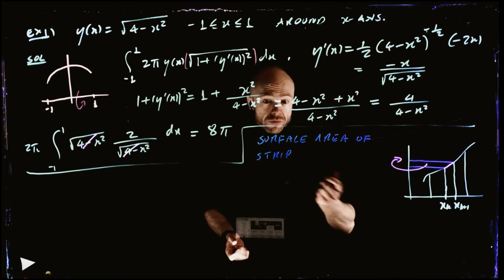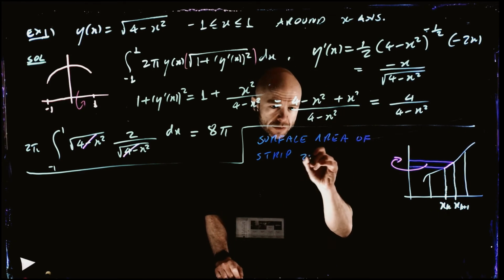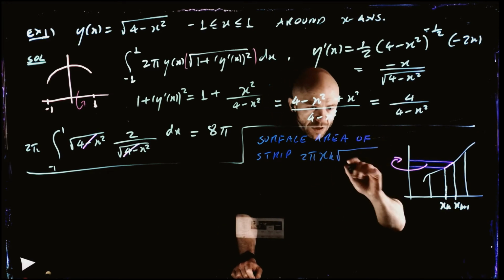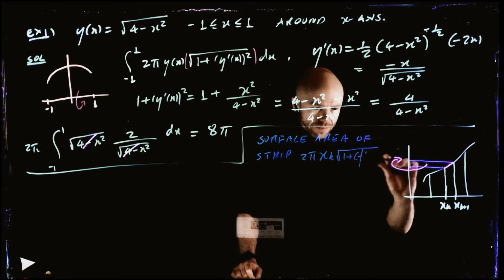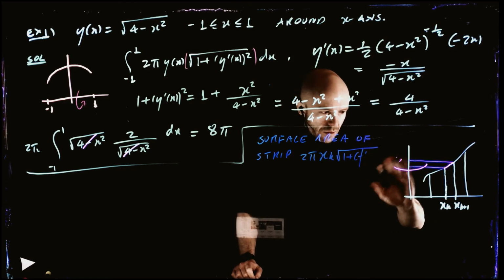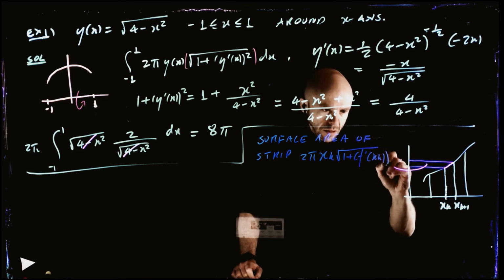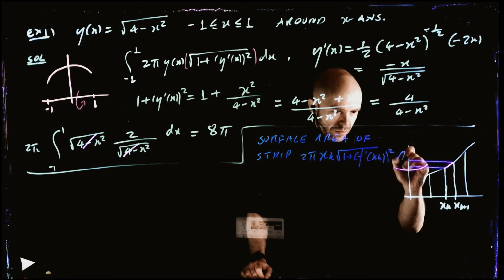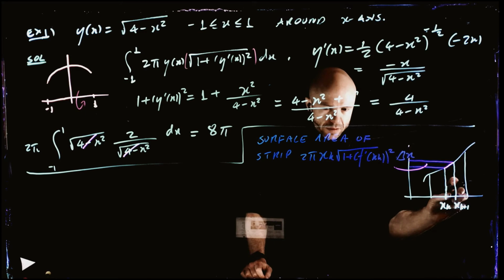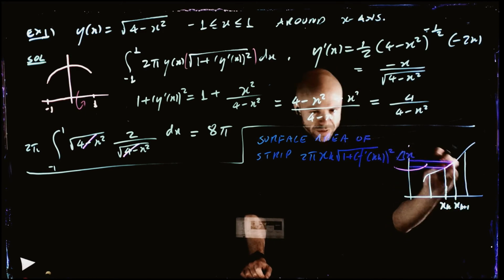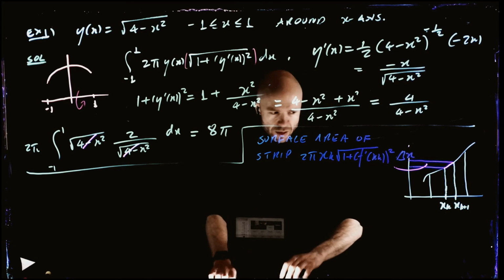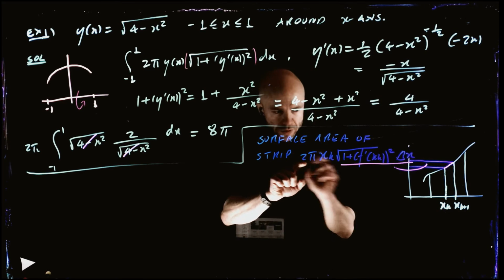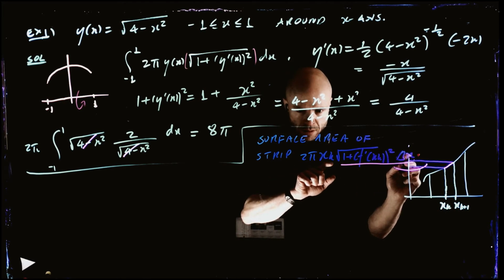So then the surface area of this strip will be like 2 pi times xk, and then the square root of 1 plus f prime of xk squared times delta x. Oh, sorry, that'll be the surface area of this strip. This part here is the circumference, and this part's the thickness.